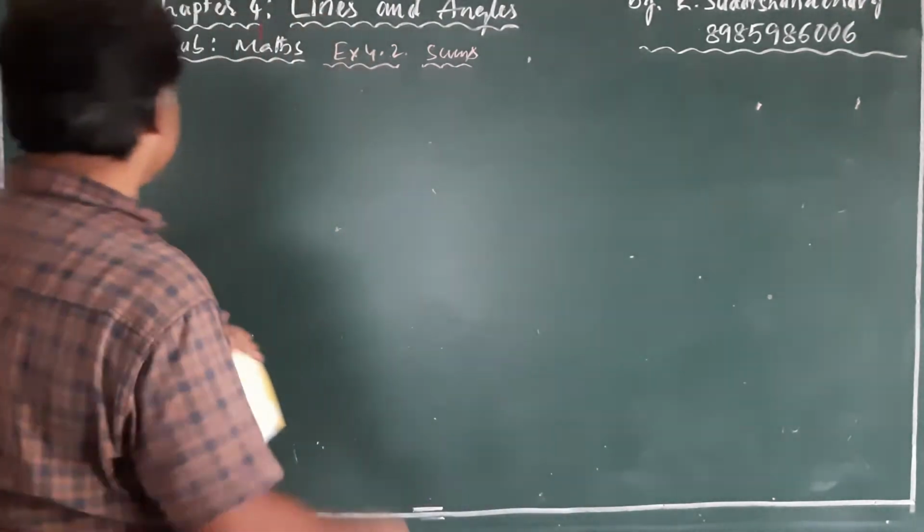Now the second bit, second one. Here the diagram is given. Children, the remaining problems you have to try the same way. So it is x minus 24, it is 29 degrees, this is given, and 296 is given.